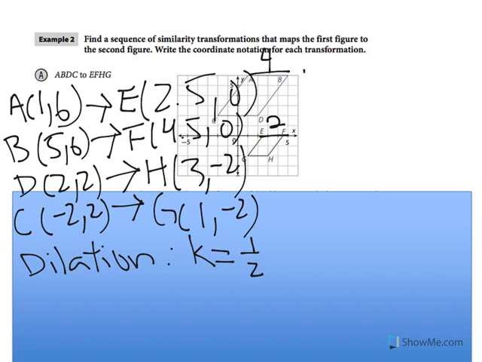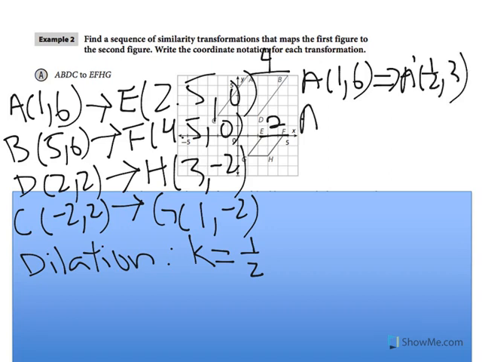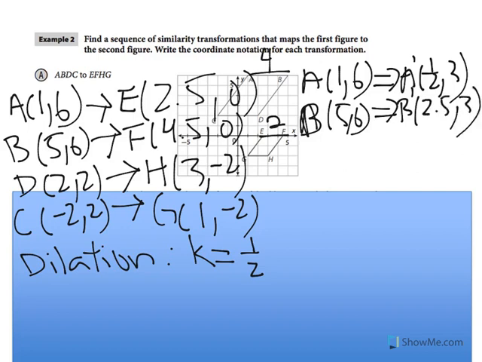Okay, so we start from A (1, 6), and the dilation is 1/2, so we go to, let's call this A prime, (1/2, 3). And B at (5, 6) goes to B prime, so half of it is (2.5, 3).